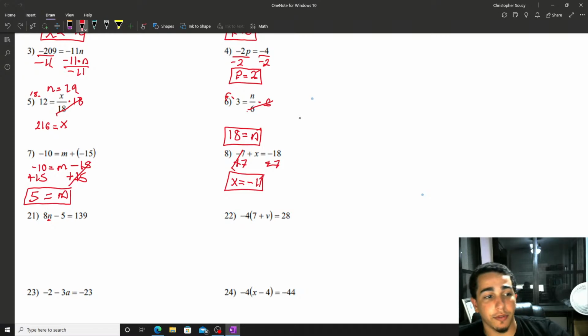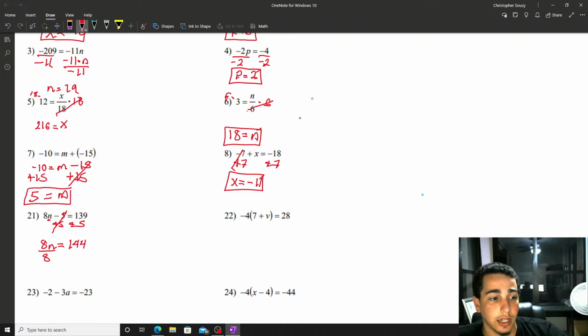So first, we need to get rid of the 5. Since it's 8n minus 5, we have to add 5 to both sides. On the left side, the minus 5 plus 5 cancel, and we're left with 8n. And this is going to equal 139 plus 5 is going to be 144.